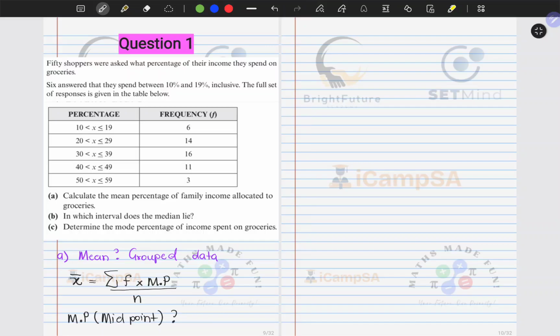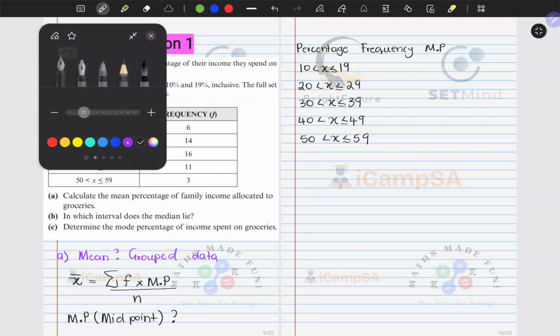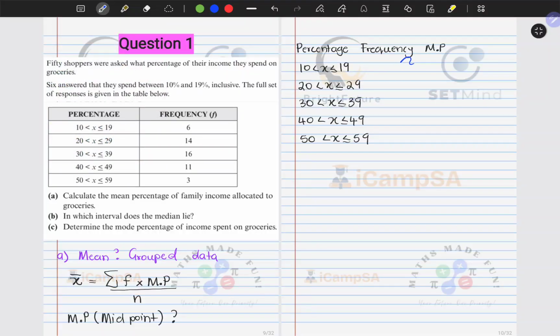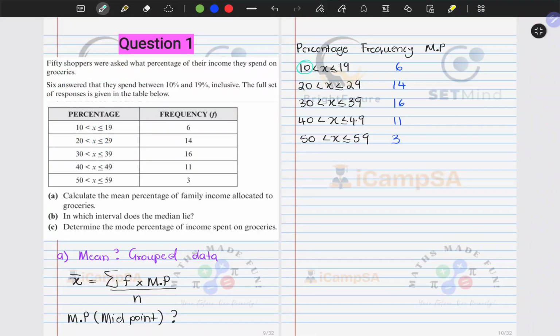So remember, MP is for the midpoint. What is it? So what I'm going to do is to quickly write up this table. So this is our percentage here, and if you look at our frequency, let's quickly note it down. So you have 6, and then you have 14, and then we have 16, we have 11, then we have 3. So for the midpoint, remember guys, you take this, you add it with that and divide by 2.